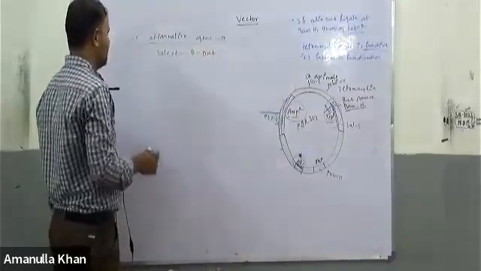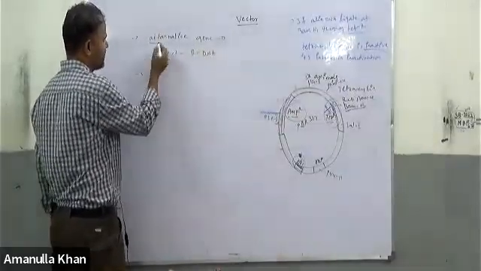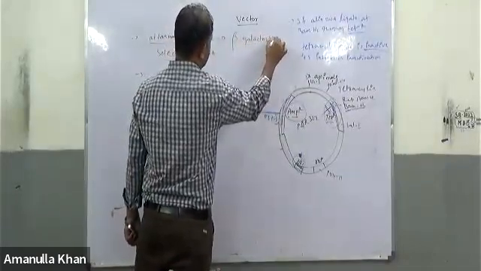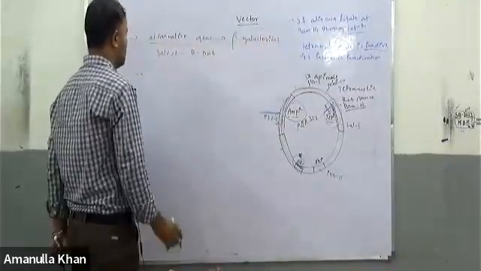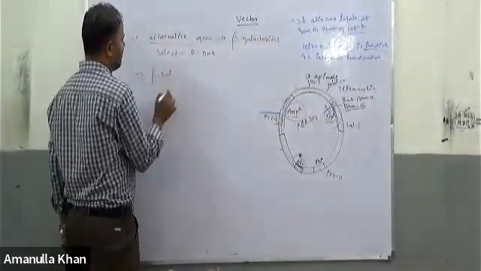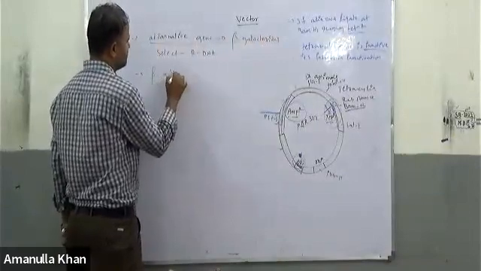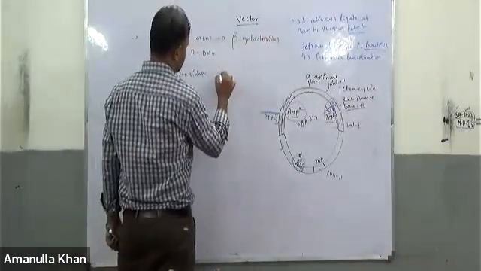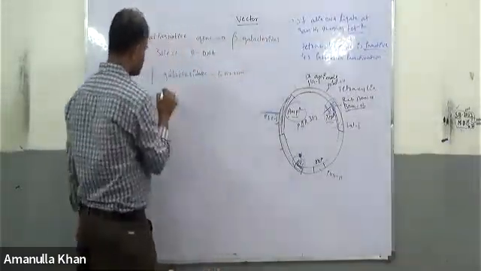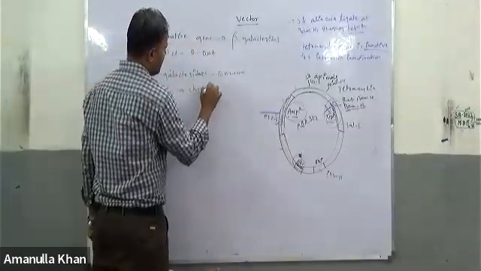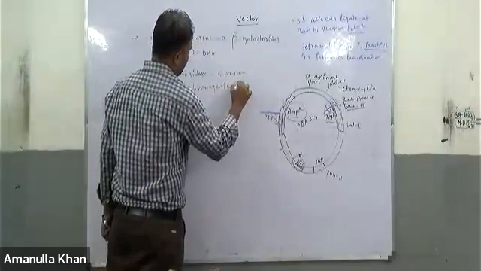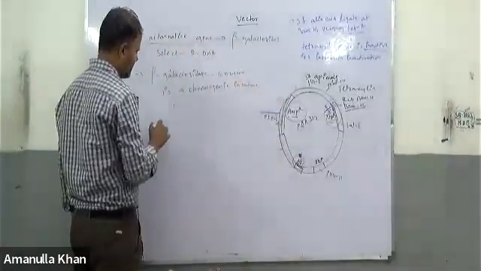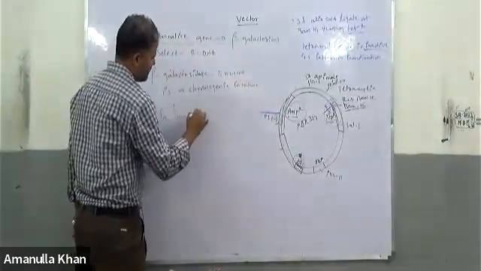Now the alternative gene is beta galactosidase enzyme, which is chromogenic in nature.